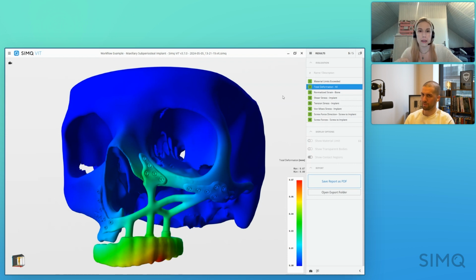Right, exactly, and so with the material limit, that was easy. But that's not necessarily the case with the screw forces. Just because the screw is under a lot of load, it doesn't necessarily mean that the screw needs to be removed or changed in any way. It's just so you know, of all the screws, that one is taking the most force, at 28 newtons, for example.